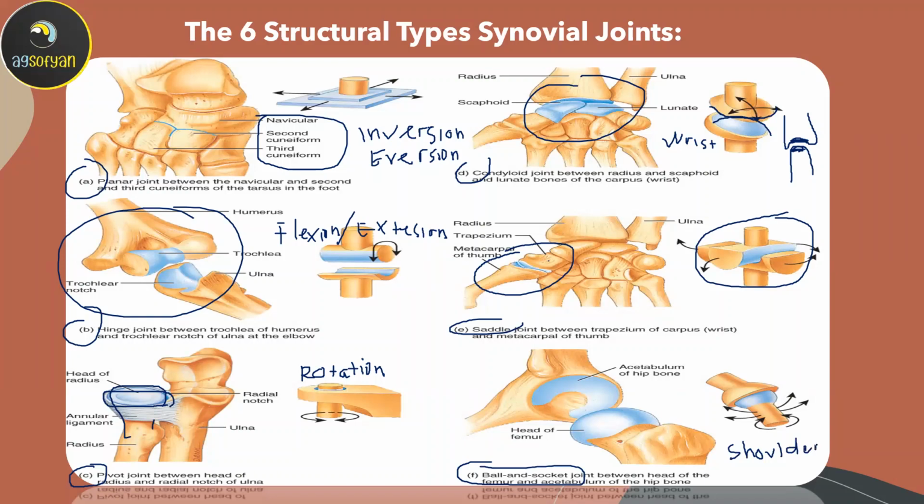The other location is the hip, so the hip joint is also ball and socket. If you see over here, there is a ball structure, which is a process, and there is a cup or socket structure, which is actually a depression in the bone. And it gives the ball and socket type of joint. Again, this is the most freely movable type of joint.